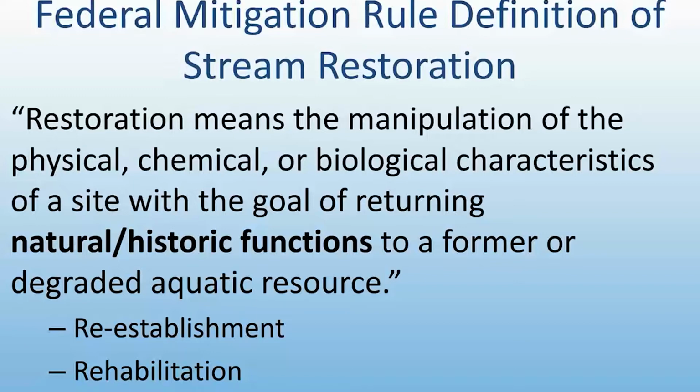But to me, what's significant and important about this definition is that it includes the word manipulation. So it implies that we as practitioners will go out to a site and do something. There is some restoration activity, and the purpose of that activity is to return physical, chemical, or biological characteristics to a natural condition or a historic condition or function.